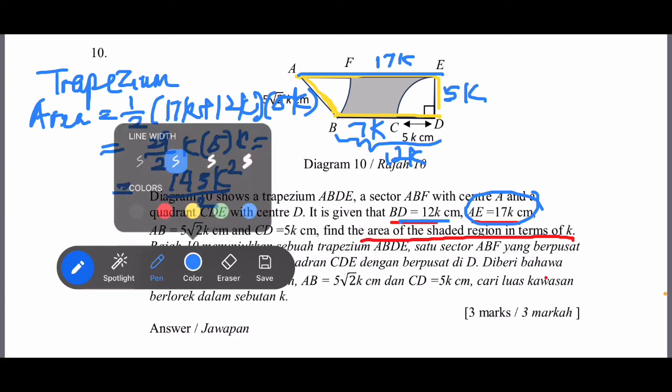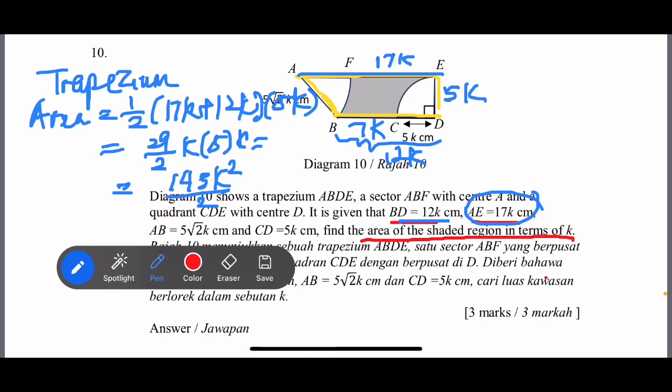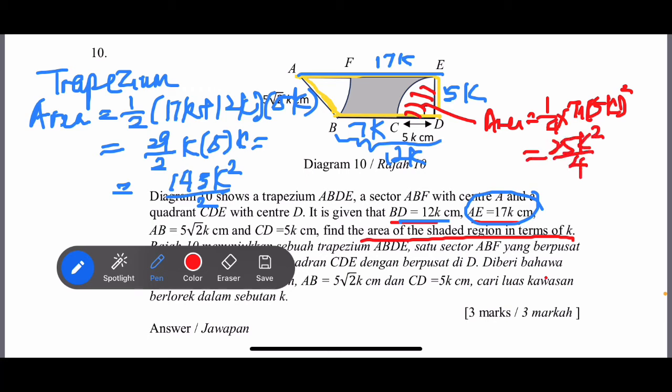One of the sectors, obviously, is 90 degrees, this one. So you don't have any problem. So you can actually use 1/4 of the circle, 1 over 4 pi r square, right? So it's 1 over 4 pi times the 5k square. So it's 25k square over 4 for the quadrant.